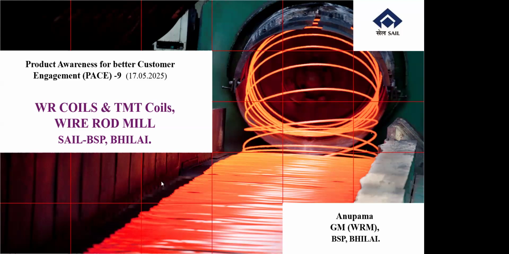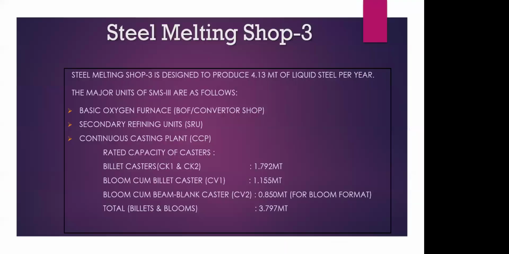It's okay. We first go to the input from where we are getting the billets for WRM. So this is the steel melting shop 3 of Bhilai Steel Plant, which is a new steel melting shop. It is designed to produce 4.13 million ton of liquid steel per year.